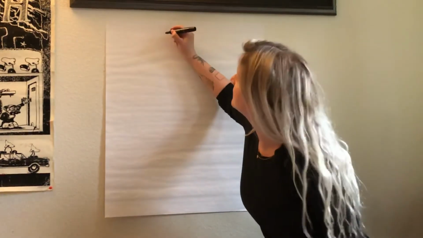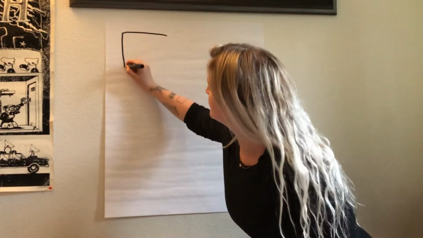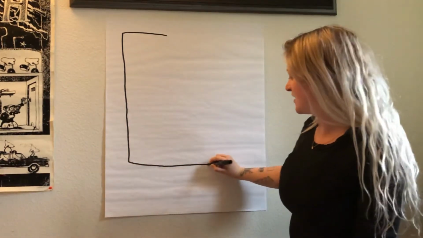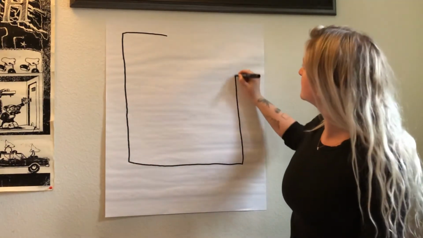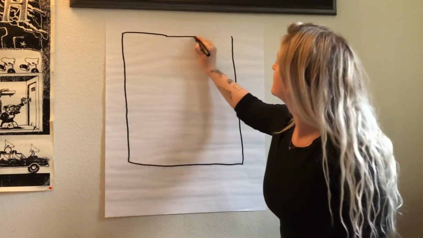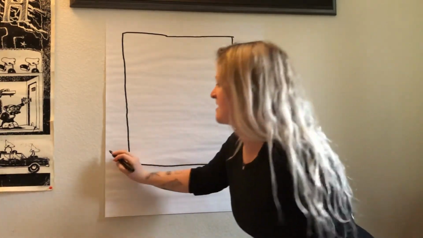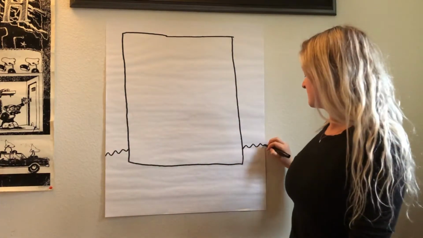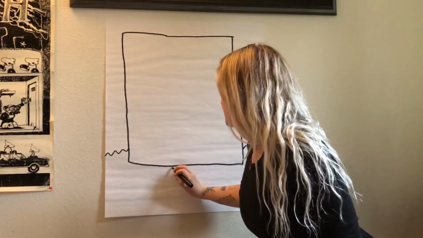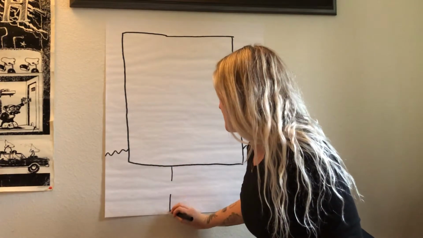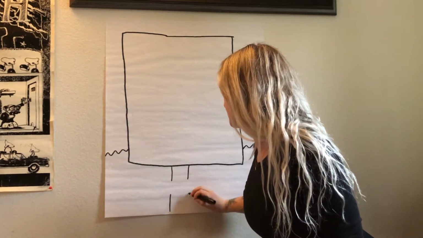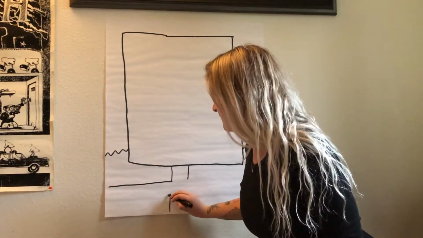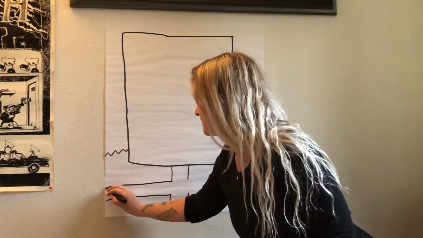So here we go. And apartment buildings, well, at least the one that I live in, is usually in a rectangle shape. So I'm going to draw a rectangle, like this. And then some grass. And we'll do a little walkway to the main doors of the apartment. I actually have a walkway that goes this way to the parking lot where my car is.